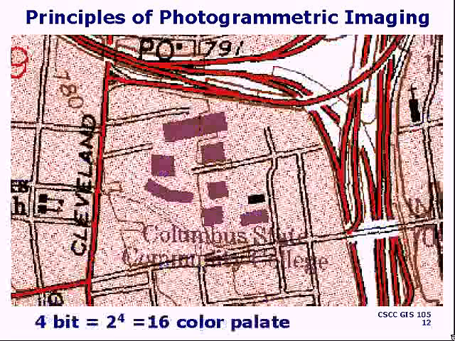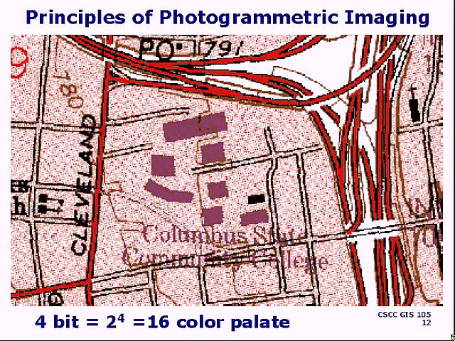Well, maybe we don't need that. Maybe we're working with something like a digital raster graph or a DRG quad file. Here they only use a 4-bit palette because they don't need that many colors. I mean, these were created with probably no more than 8 different color plates. So they use a 4-bit palette, 2 to the fourth power, 16 possible colors.